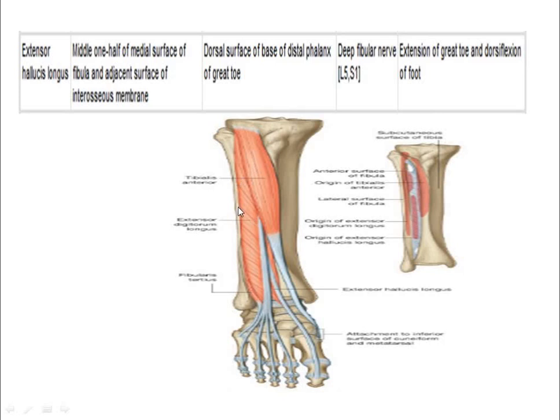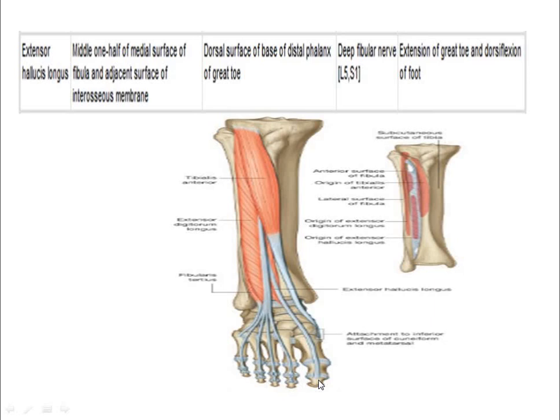After arising, it passes deep to both extensor retinacula and attaches to the dorsal surface of the base of the distal phalanx of the great toe.